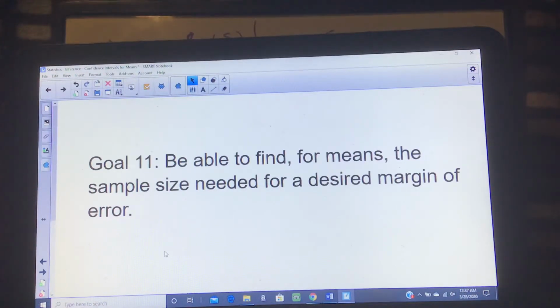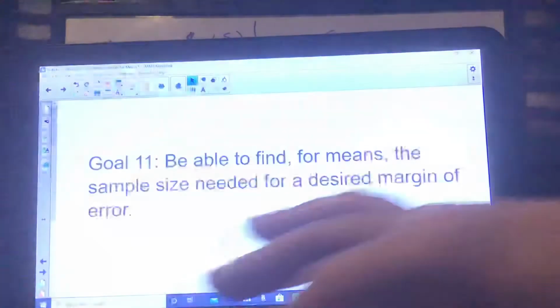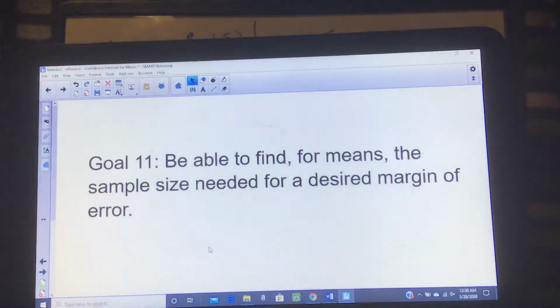So maybe I want to know what's the average height of a freshman guy in JC High School, but I want it within plus or minus 1 inch, so I don't want much error. And say I want it at 98% confidence. That's going to require a certain sample size to get that level of error at that level of confidence.